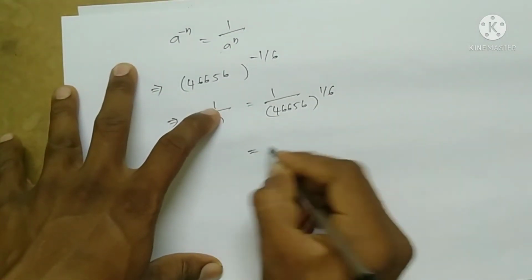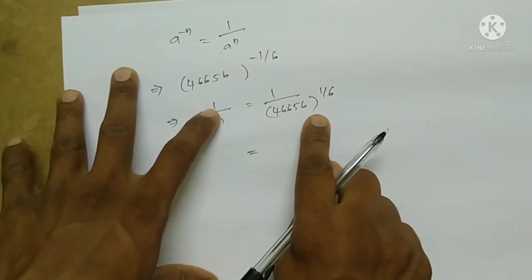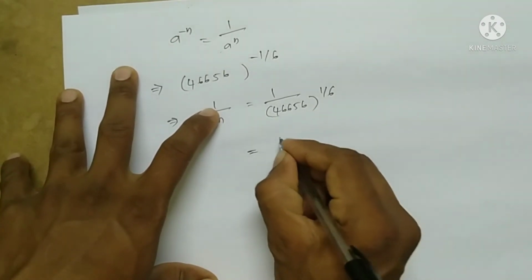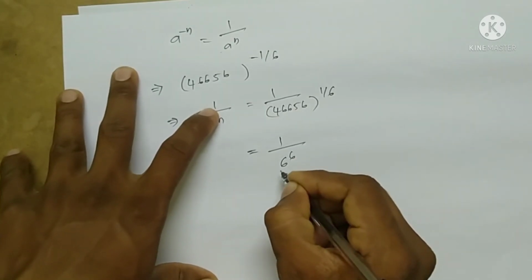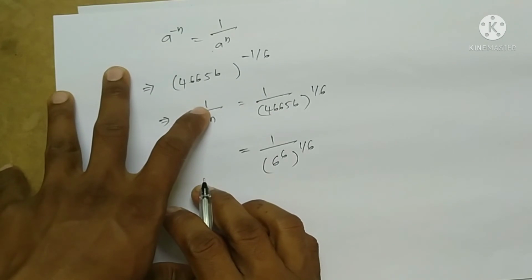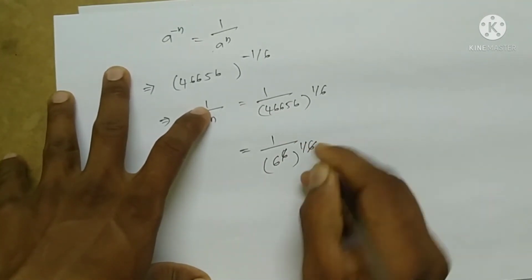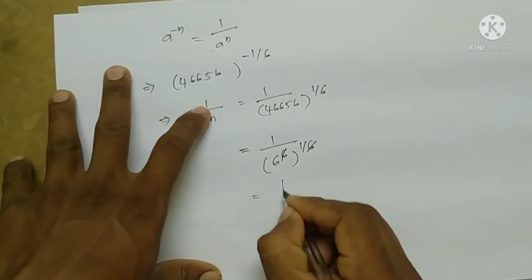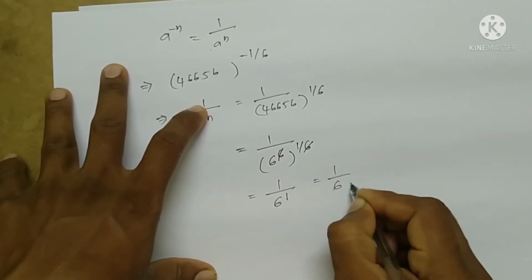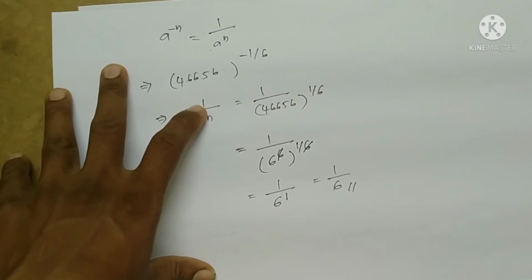So 46656 means 6 power 6. 1 by 6 power 6 whole to the power of 1 by 6. Here 6, 6 both are cancelled. Result is 1 by 6 power 1. It is nothing but 1 by 6. This is the final result.